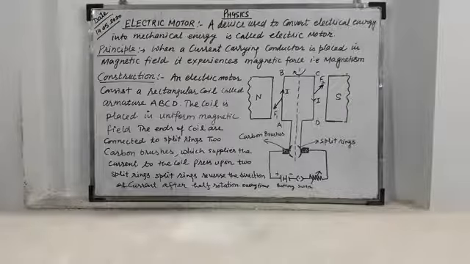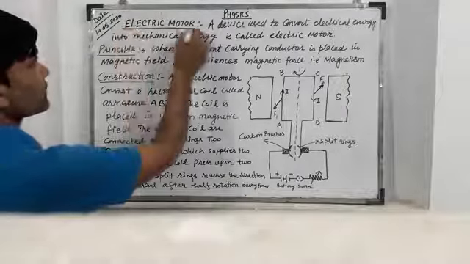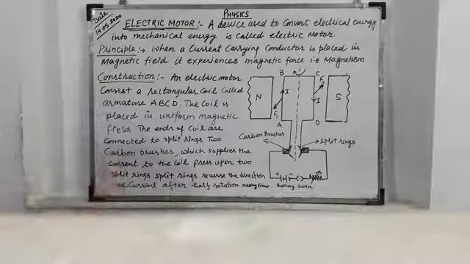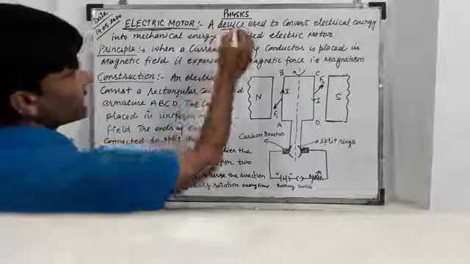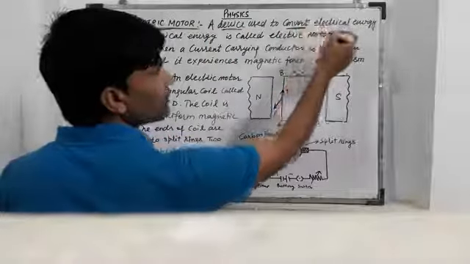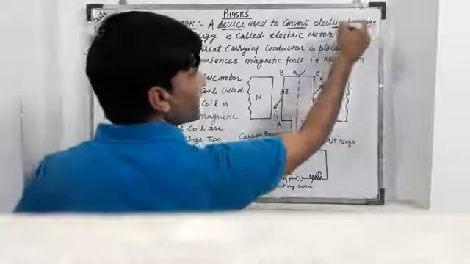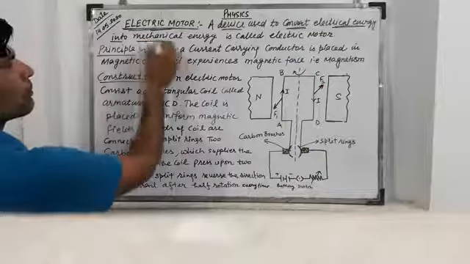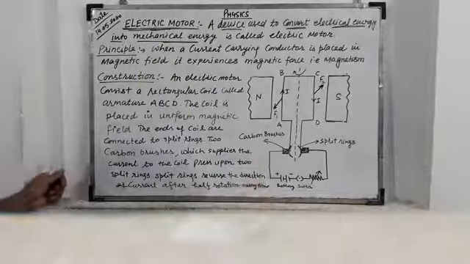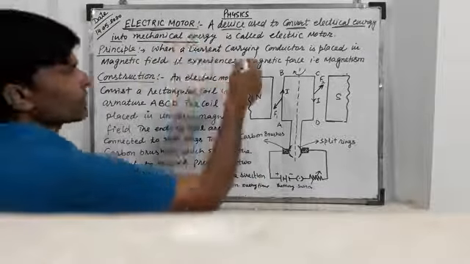Now, one important topic of this chapter is the electric motor. An electric motor is a device used to convert electrical energy, means current, into mechanical energy or mechanical work.